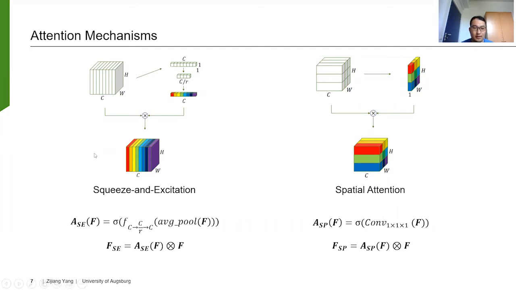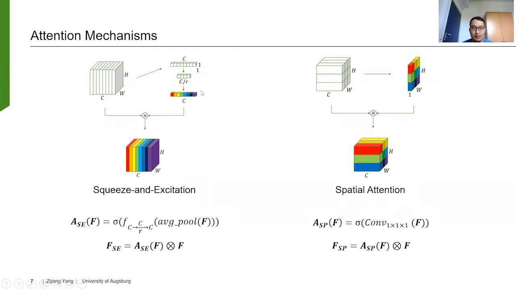The first one is squeeze and excitation. The size of the input is h times w times c, meaning the height, width, and channels. First, we use an average pooling layer to get the channel descriptor from the input vector.